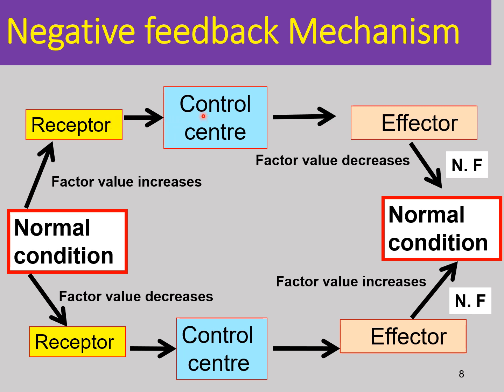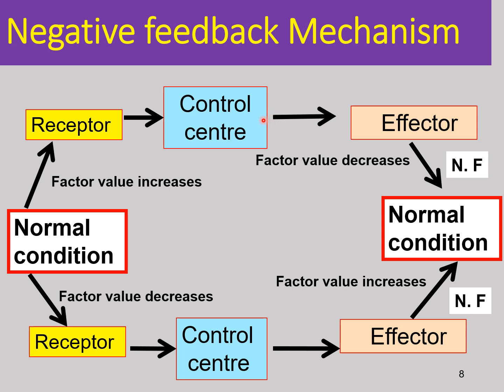And so the control center will receive that impulse from the receptor. The receptor triggers an impulse in the afferent neuron. The afferent neuron transmits the impulse to the control center, which is the brain.